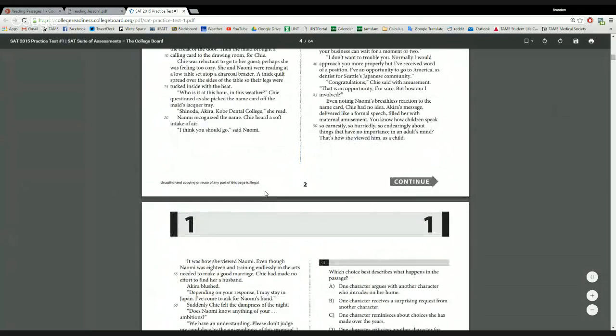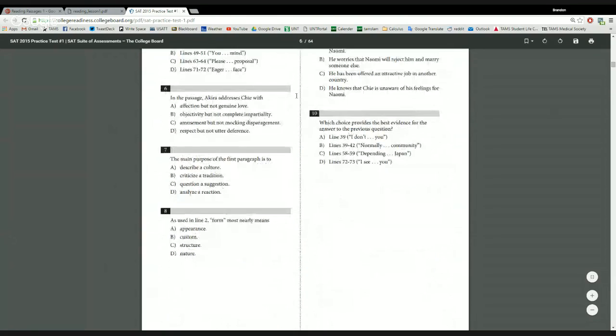So let's go down. We'll compare my word, procedure, to the answer choices. Appearance, that's not even close. A custom, possibly. A structure, maybe. Nature, no. So, is a custom or a structure more similar to a procedure?